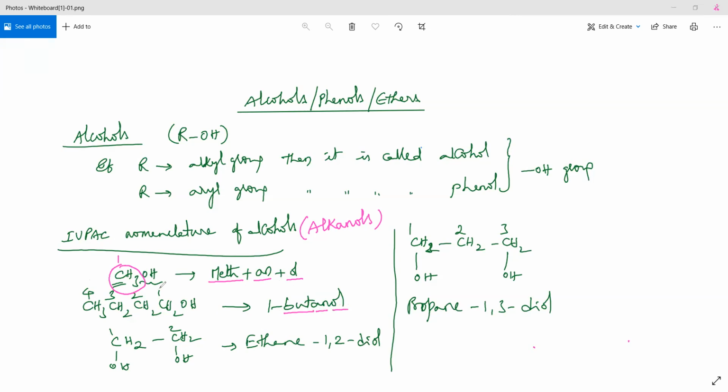But the OH group is present at the first carbon. Next, ethane-1,2-diol. How many carbons? 1, 2. And OH groups are attached at the first carbon and second carbon. So it is diol, and the OH groups are present at the first and second carbon. This is propane-1,3-diol.